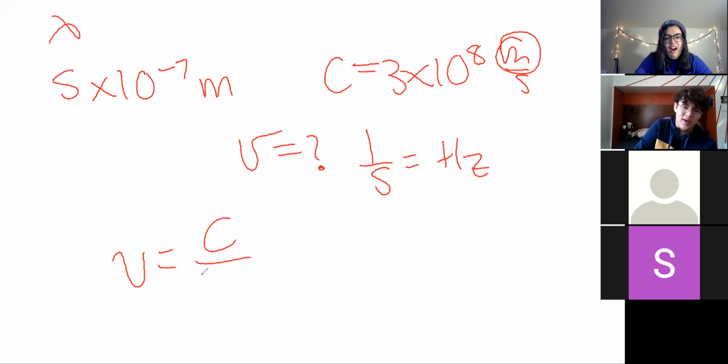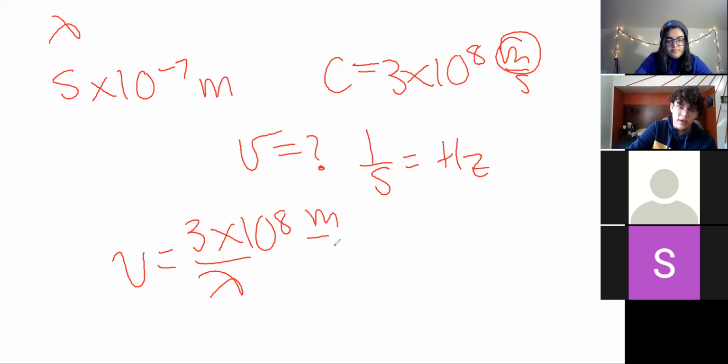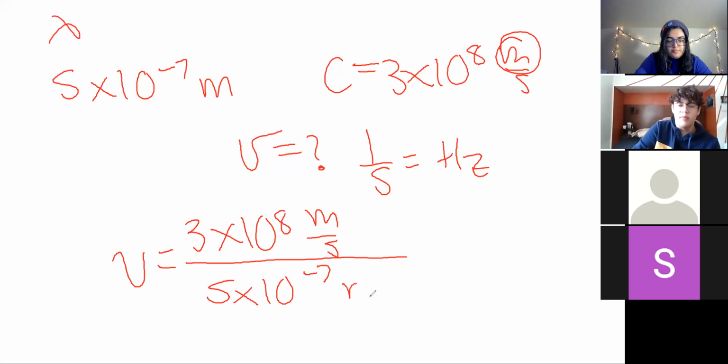So you're going to go ahead and plug in the values like that. What does C equal? It's going to be the speed of light, or 3 times 10 to the 8 meters per second, right? What does lambda equal, or the lambda that we have? 5 times 10 to the negative 7 meters, right?